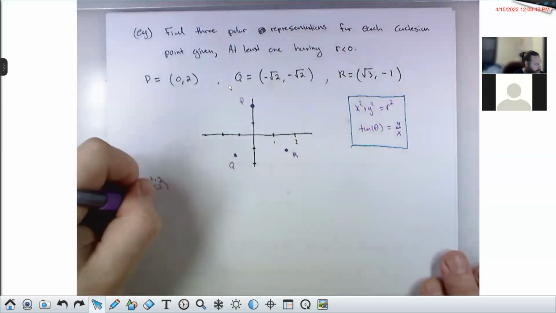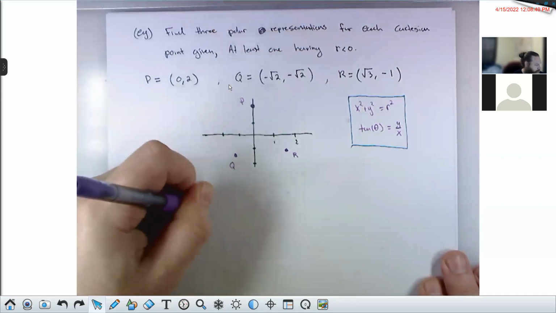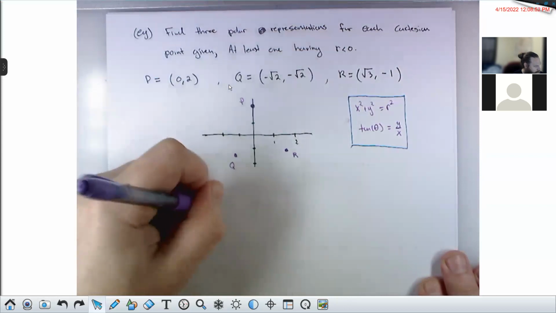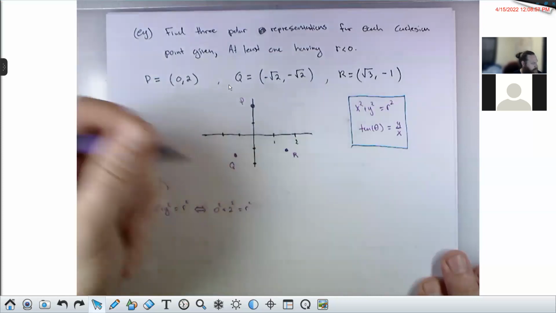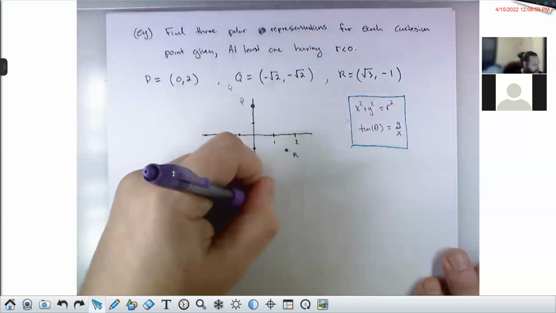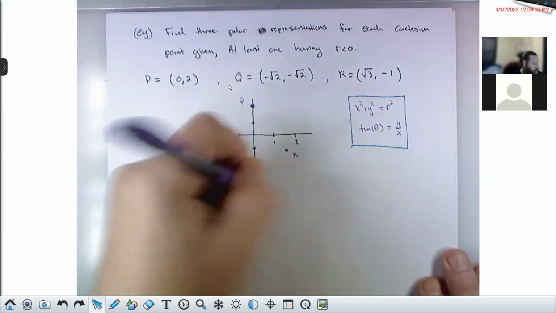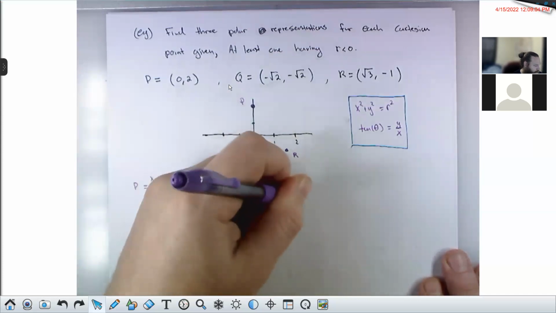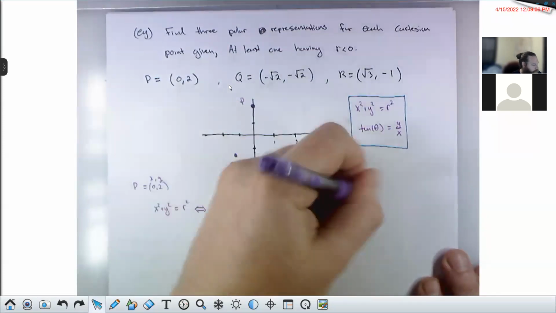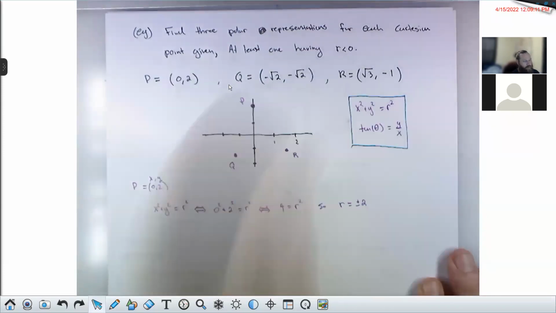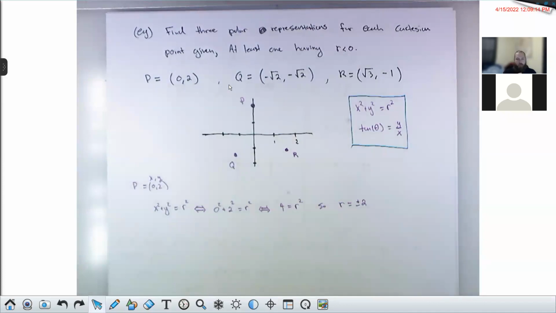So for this guy, I know that X squared plus Y squared is R squared. That means 0 squared plus 2 squared equals R squared, which means 4 is equal to R squared. So R would be plus or minus 2, right? When you take the square root on both sides, you get the plus and the minus.